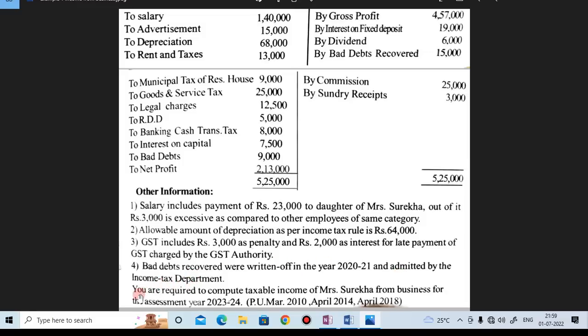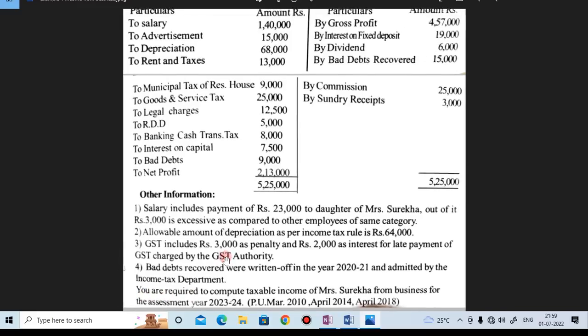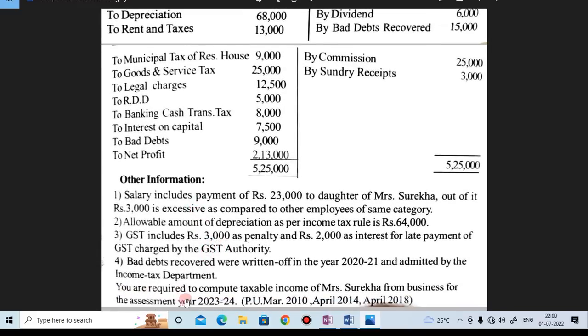Next is what you are required to do. You are required to compute the taxable income of Mrs. Sureka from business for the assessment year 2023-2024.